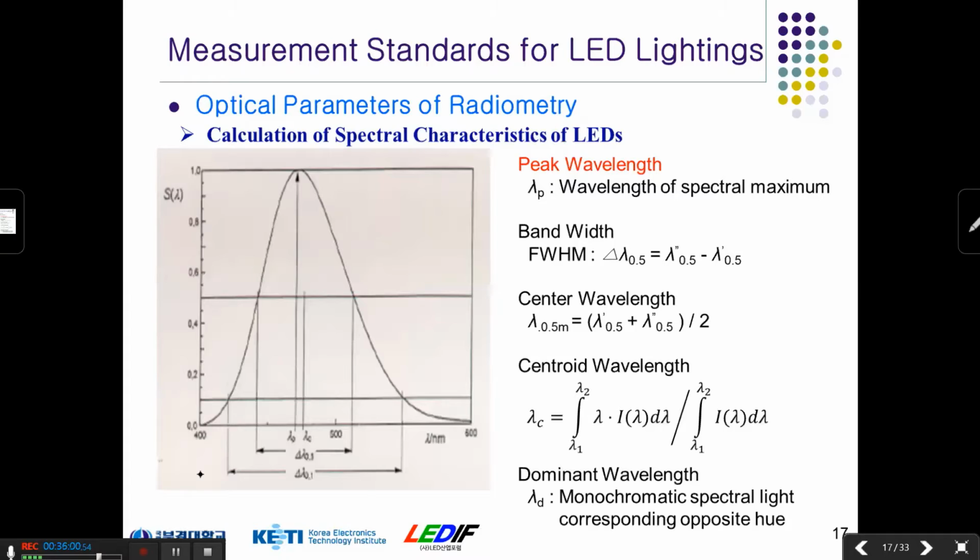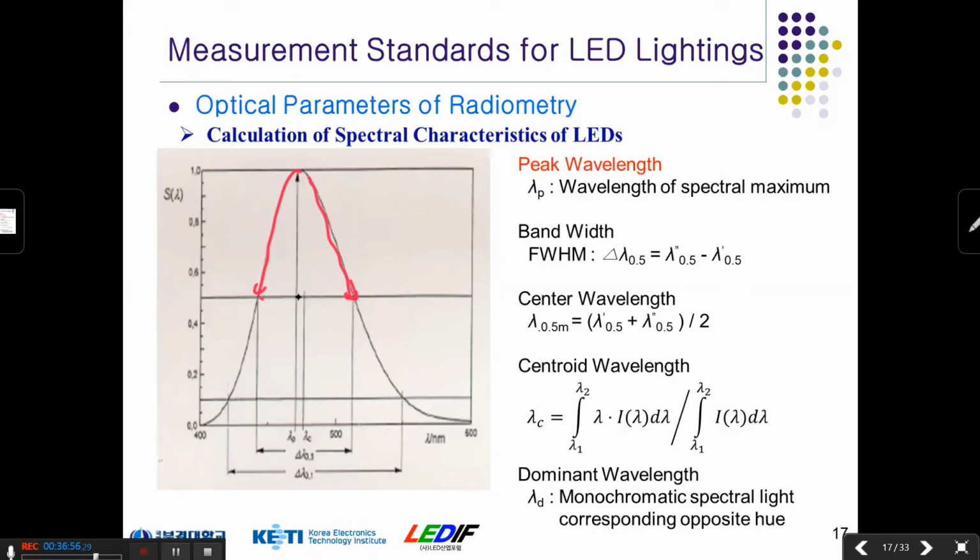This slide shows the calculation of several spectral characteristics of an LED spectrum. Most of them are radiometry. Peak wavelength is the wavelength at the maximum power of LED. Bandwidth is the bandwidth of two wavelengths at the half of the peak power.